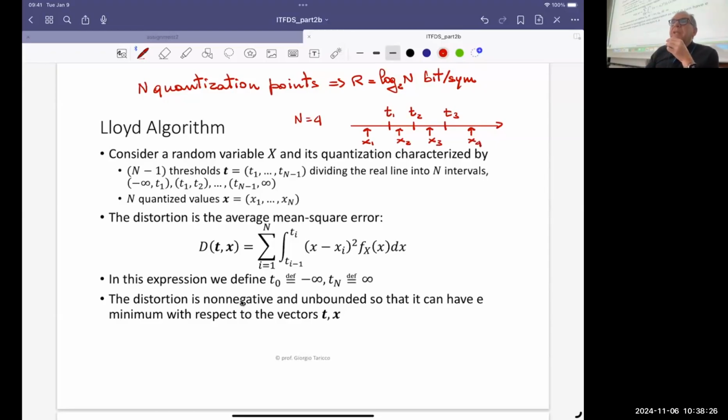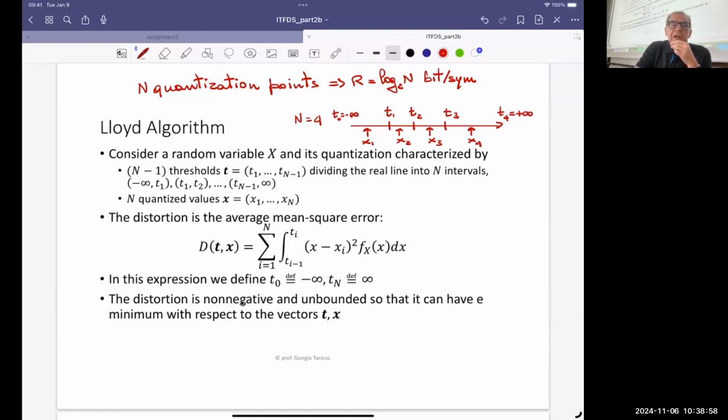We also can define the limiting thresholds, t0 as minus infinity, and t4 as plus infinity. This, of course, is in the case that n is equal to 4, and we have 4 quantization points, but it works with any number of quantization points, that is with arbitrary n.